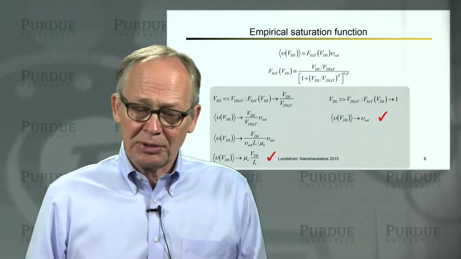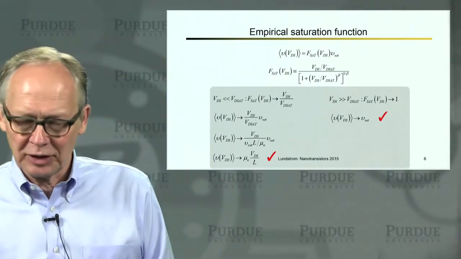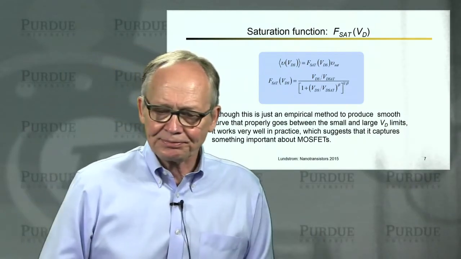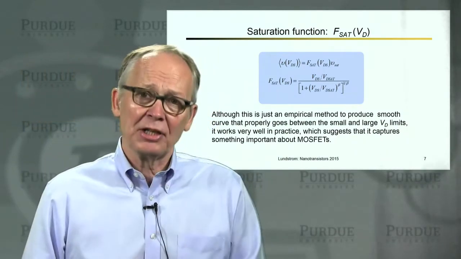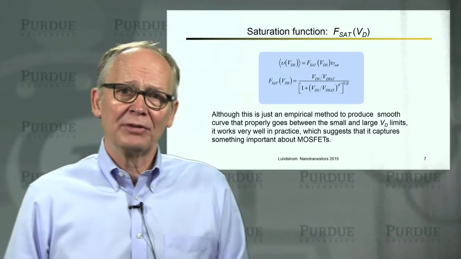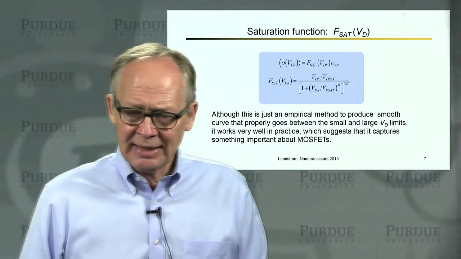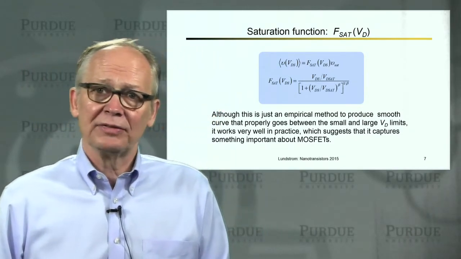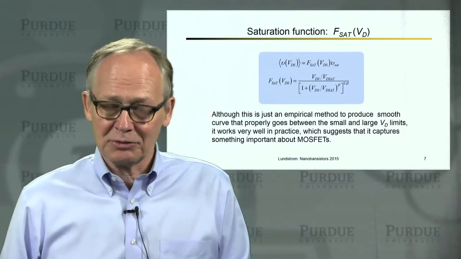All right, so we have an empirical function, does the right thing at the two limits, and it connects us smoothly in between those two limits. And although this is just an empirical way to do it, it actually works remarkably well for a wide variety of transistors. Silicon MOSFETs of different types, III-V field effect transistors, HEMTs, even carbon nanotube, and even graphene transistors.